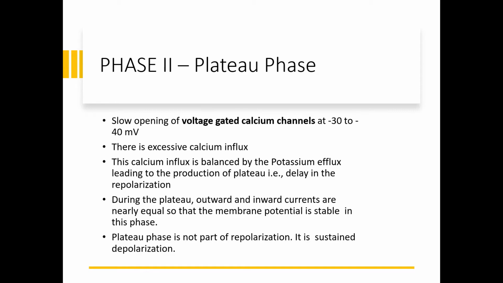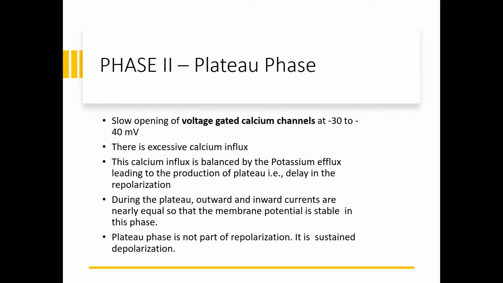At this stage, there is opening of the voltage gated calcium channel. There is excessive calcium influx, because calcium is moving from outside to inside. This calcium influx is balanced by the potassium efflux, leading to the production of the plateau, that is, a delay in the repolarization.